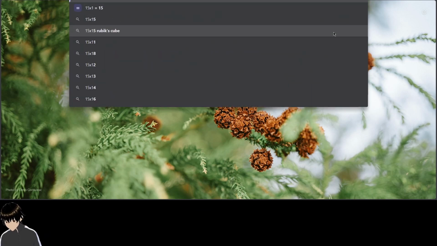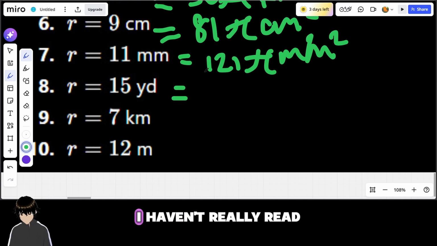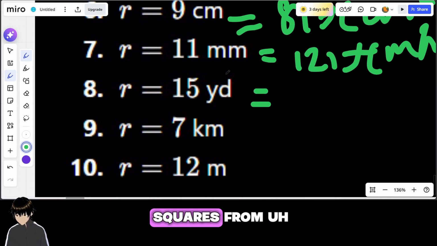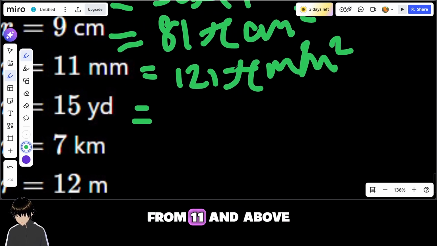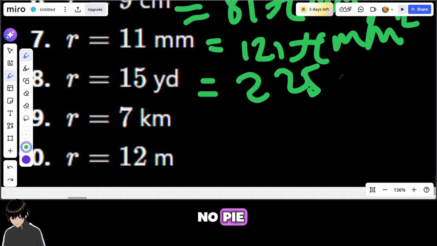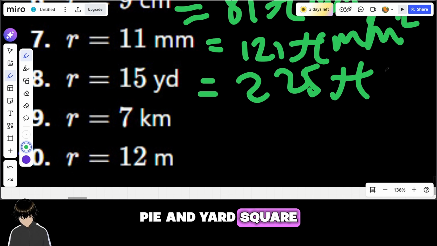Yeah. Oh, 225. Sorry about that. I haven't really read up on my squares from 11 and above. So yeah, 225 pi yards squared.